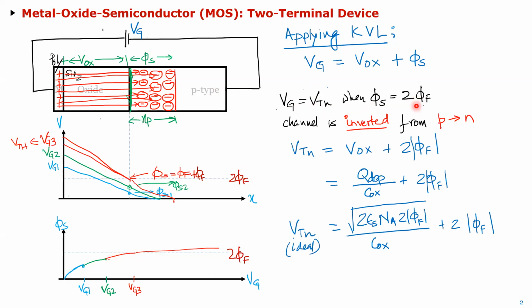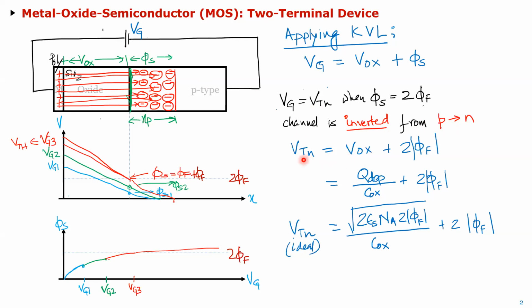If that's 2 phi f, then my channel is inverted from a P to an N type. So essentially what I have is a voltage controlled switch, where I converted a P-type to N-type. Obviously if I have two N-type materials here, it will be resistive when it is P-type, it will be conductive when it is N-type, which I'll show a little later.